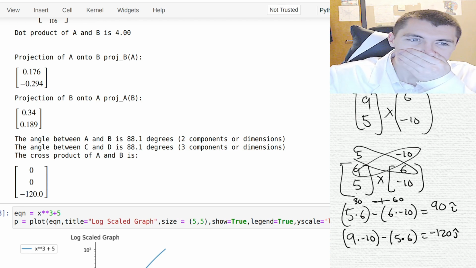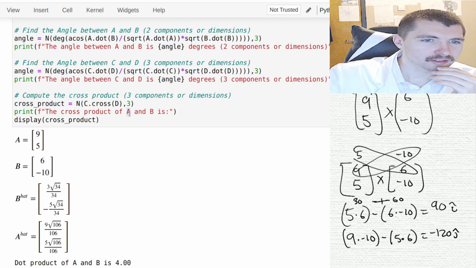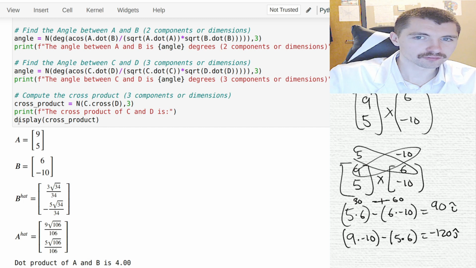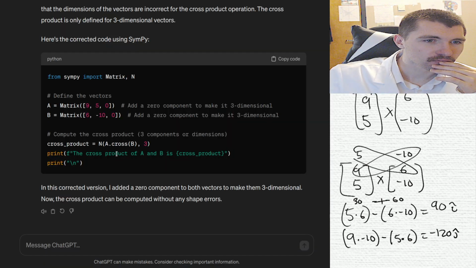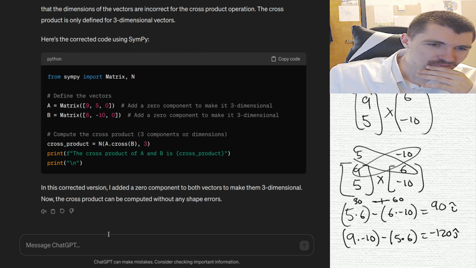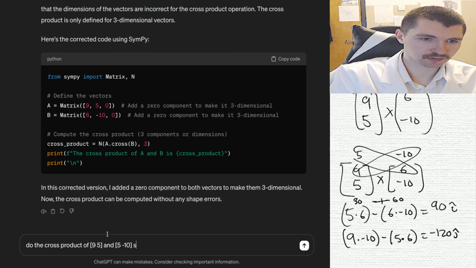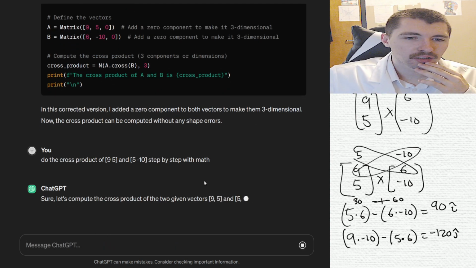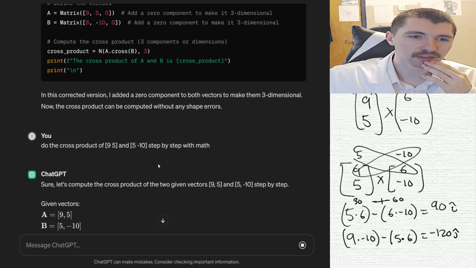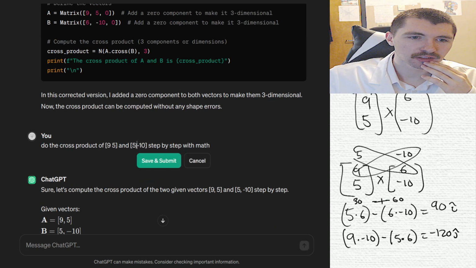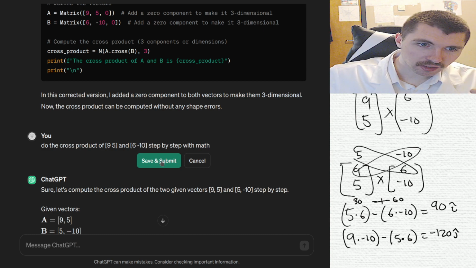So that should be 90. Hmm. Do the cross product of 9, 5, 6, 10.